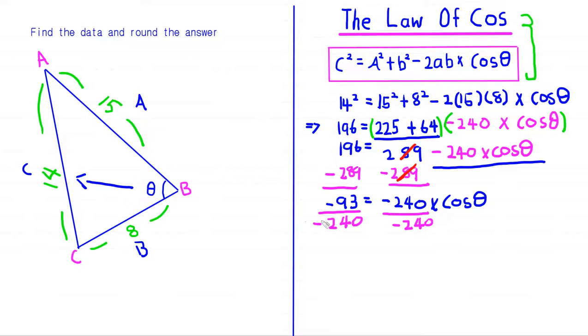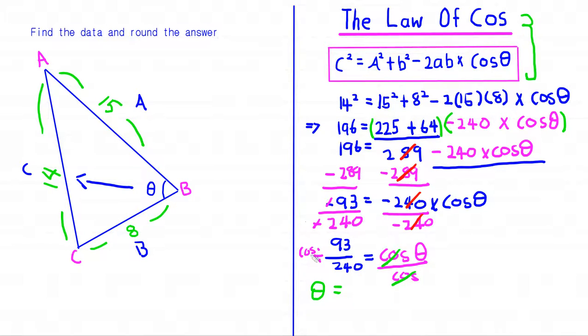The negative signs cancel out because it's negative on both sides. We get 93 over 240 is equal to cosine of theta. Now we need to remove the cosine to leave theta alone.